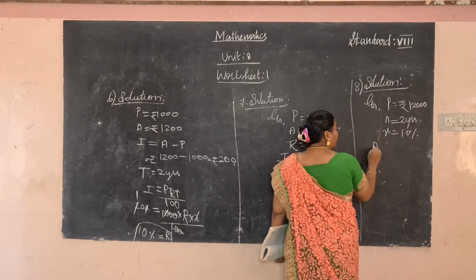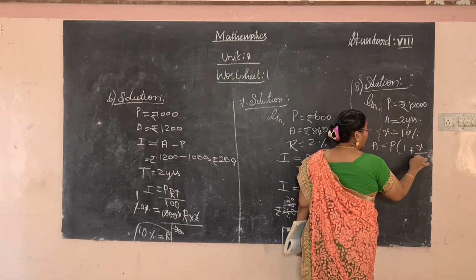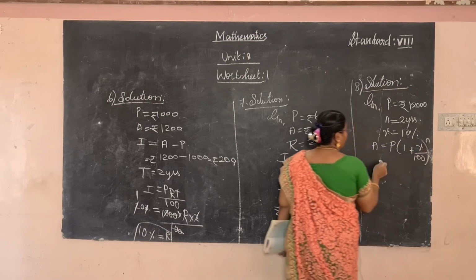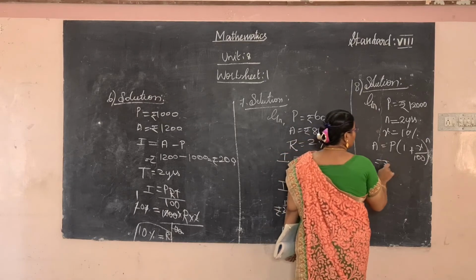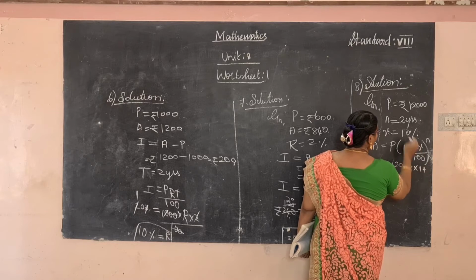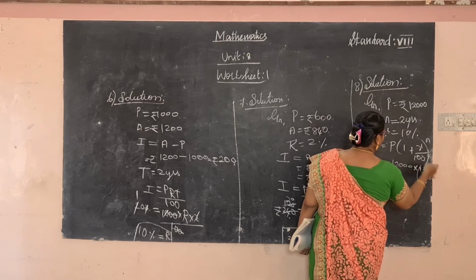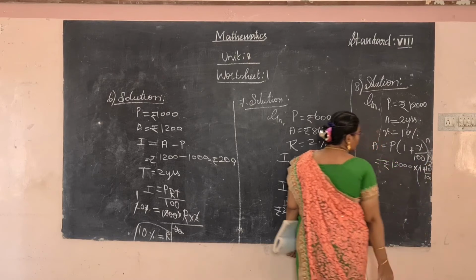So accumulated factor A is equal to P of 1 plus R by 100 the whole power N. Okay, so P value was rupees 12,000 into 1 plus R value was 10. So 10 by 100 the whole power N, number of years is 2.